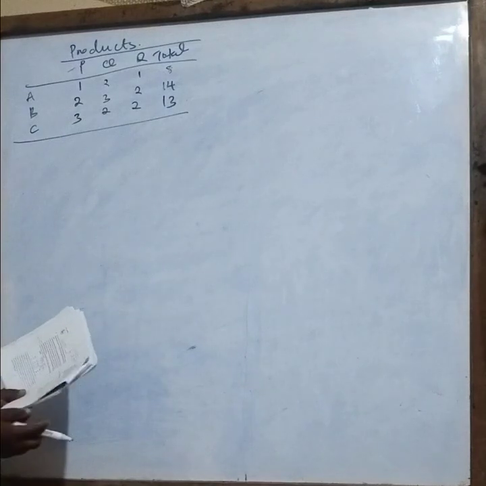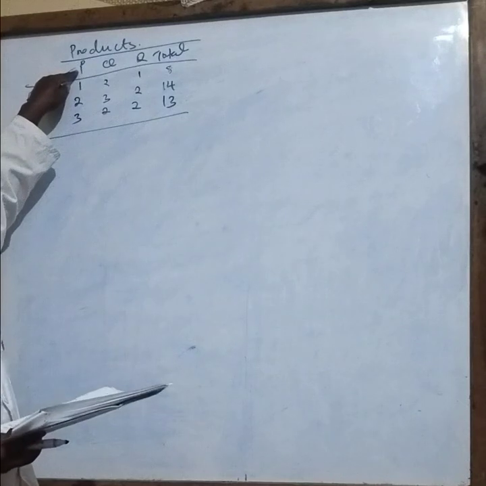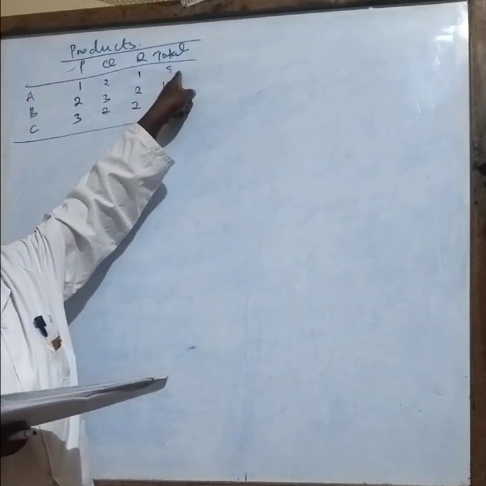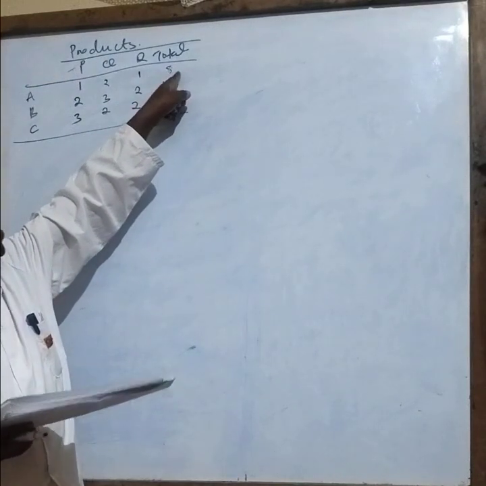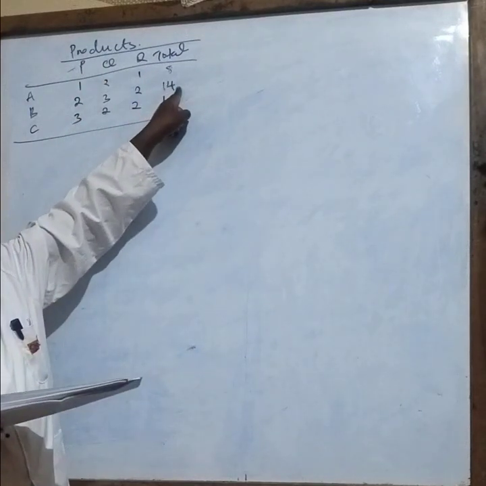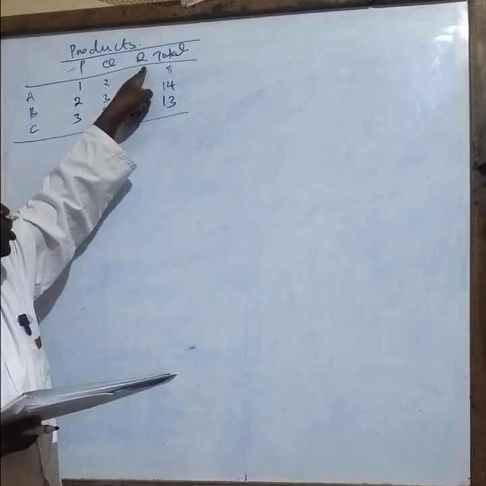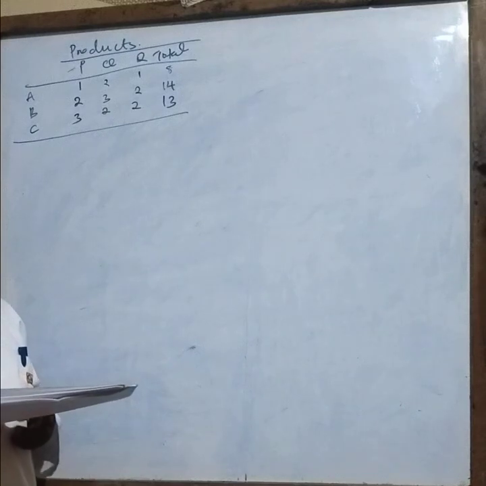Then from there, you say, okay, how many units of P were produced when 8 raw materials were used? How many units of Q were produced when 14 units of raw materials were used? And how many units of R were produced when 13 units were used?